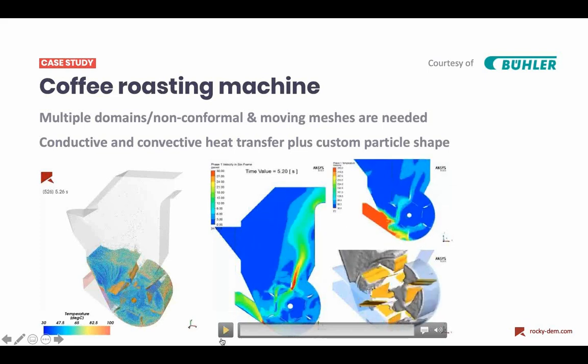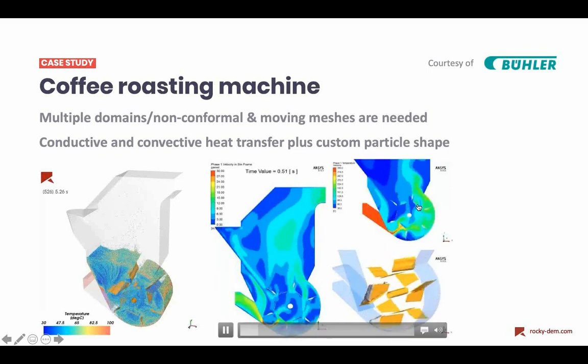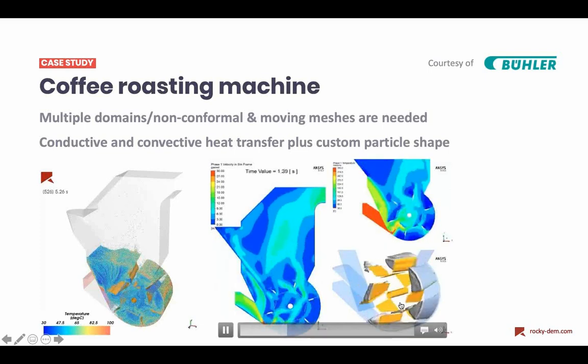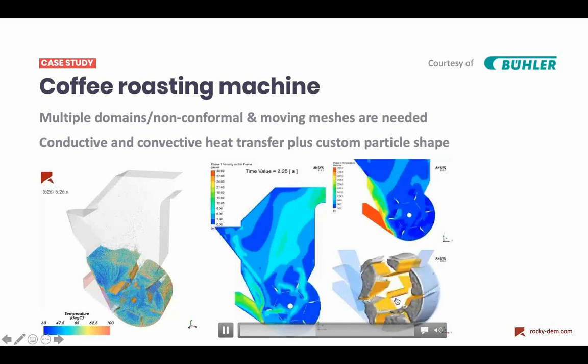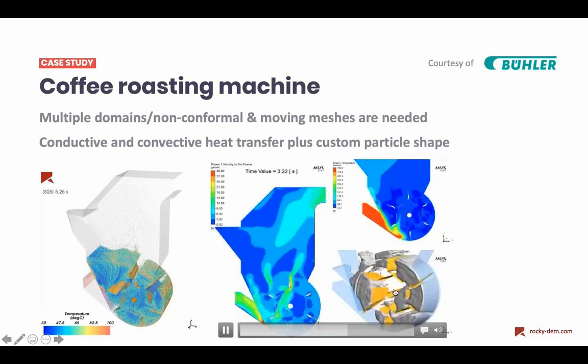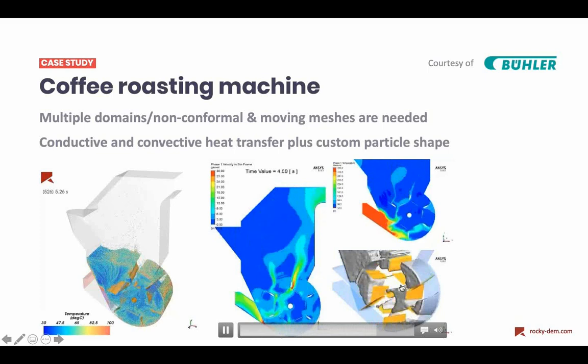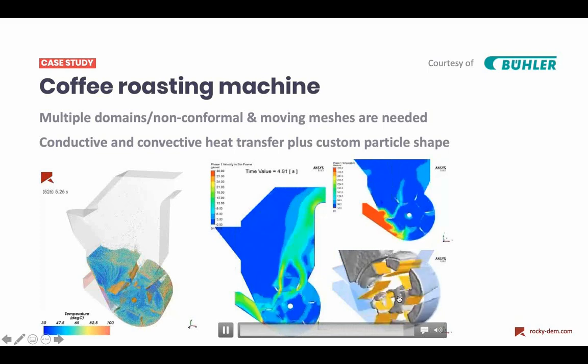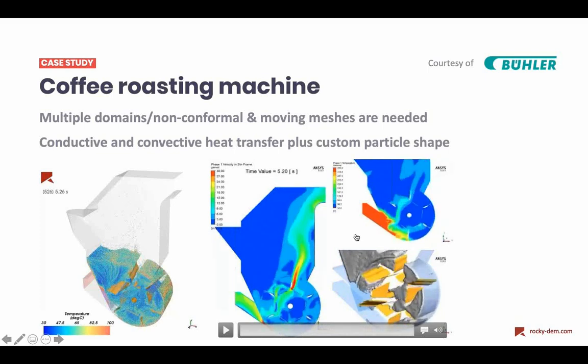On the right side here on the top, you can see the temperature of the gas, and the concentration of the coffee beans is being seen by Fluent as this isosurface here, the gray ones. So within this simulation, I'm using a lot of interesting features. I'm using multi-domains, rotating domains, non-conformal and moving meshes, and taking into account conduction and convection heat transfer, okay, plus custom particle shapes.